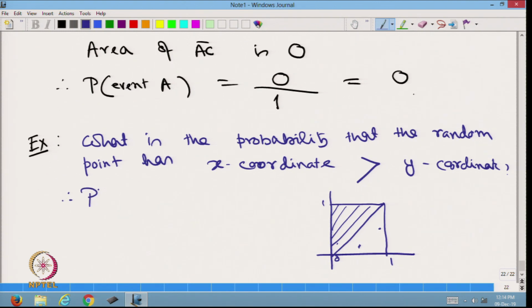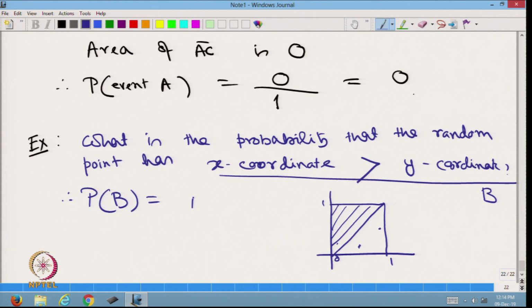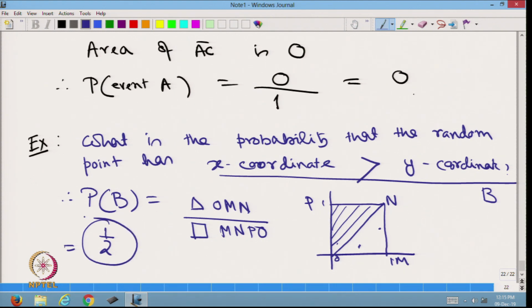Therefore, probability of this event, let us call it B, probability of B is equal to area of this triangle, let me call it OMN, divided by the area of the square MNPO, is equal to half, because the area of this triangle is going to be half, area of the square is 1, therefore, this probability is going to be half.